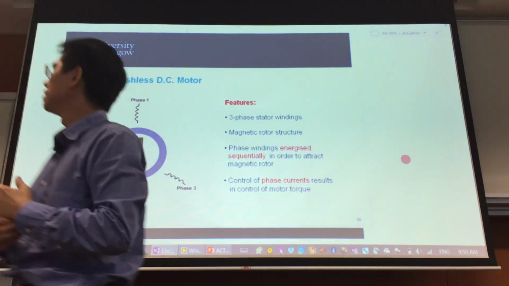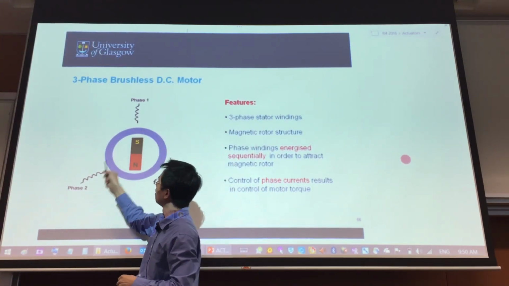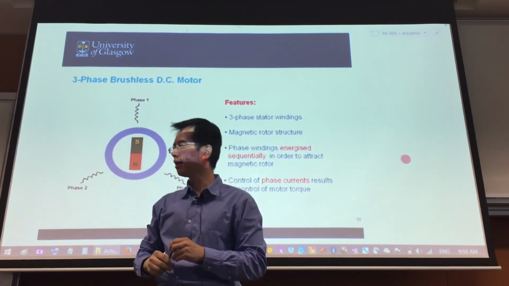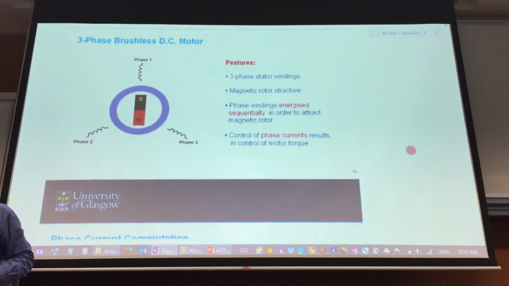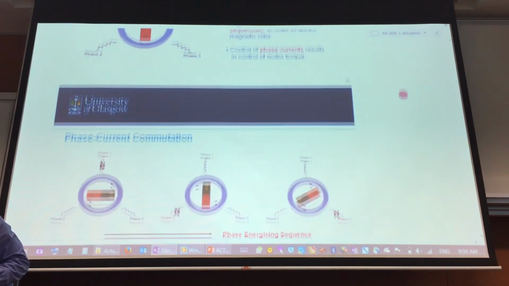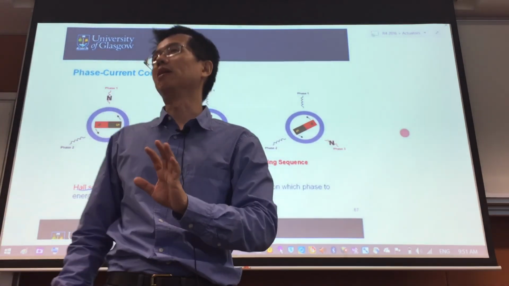So what they do is introduce 3 coils over here, and the smart thing about these 3 coils is that they are energized sequentially without using any Hall effect sensor at all.